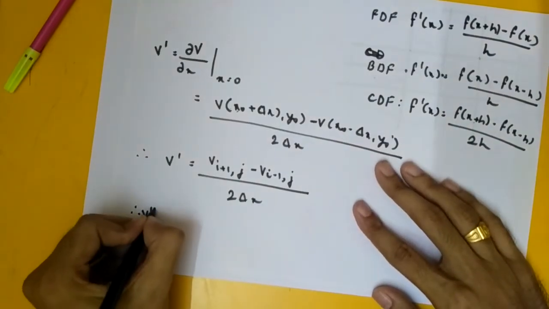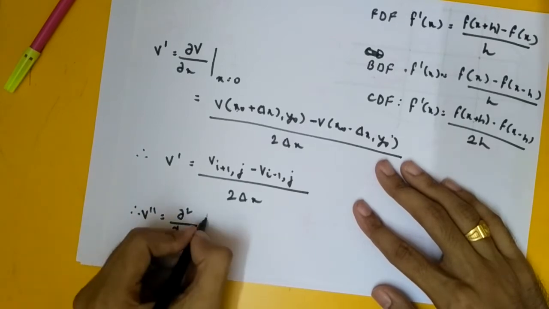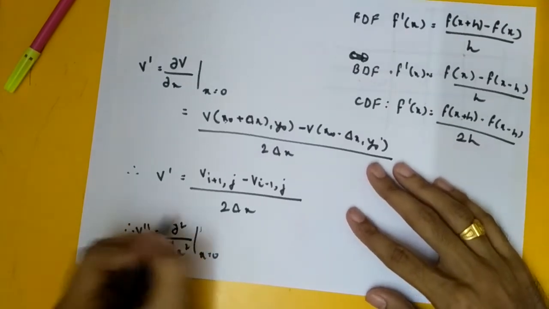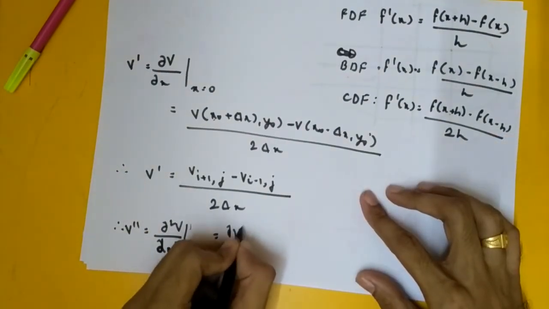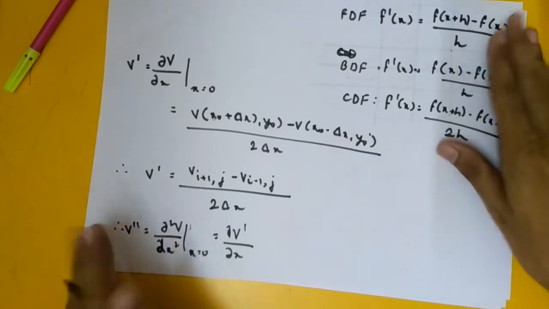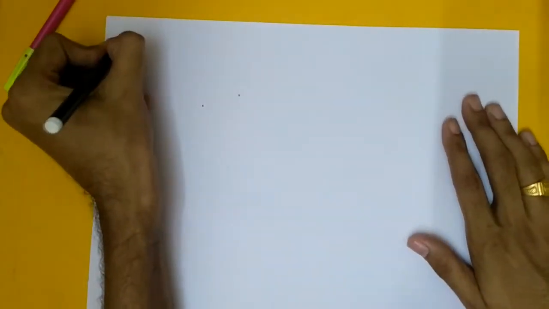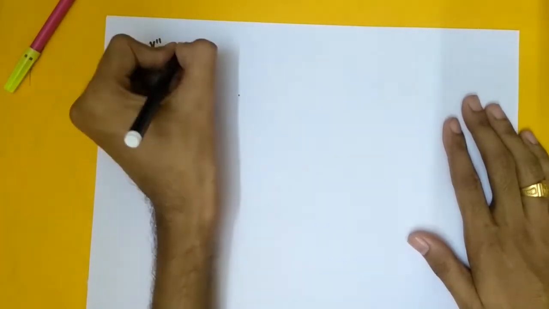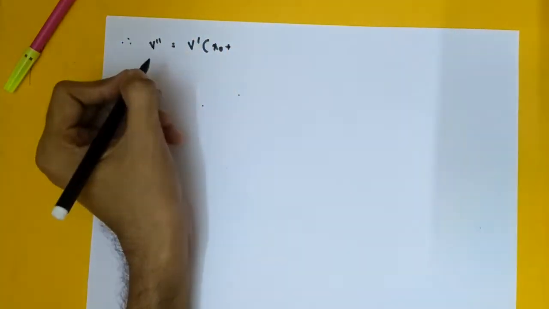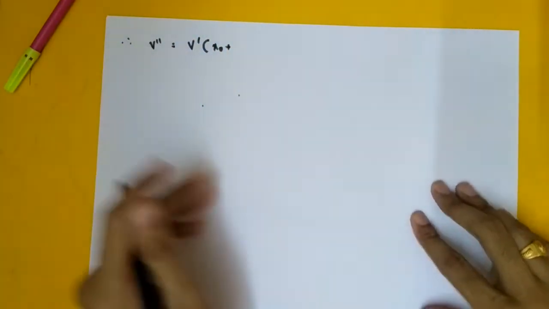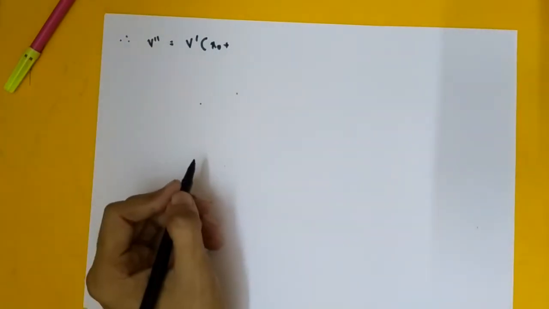So therefore v double prime is ∂²v/∂x² at x equal to x0. So basically it is ∂v prime by ∂x, right? So I'll write it on the new page. So therefore v double prime will be what? x naught plus, see when you are taking double derivative, that h term becomes half, okay, by definition.